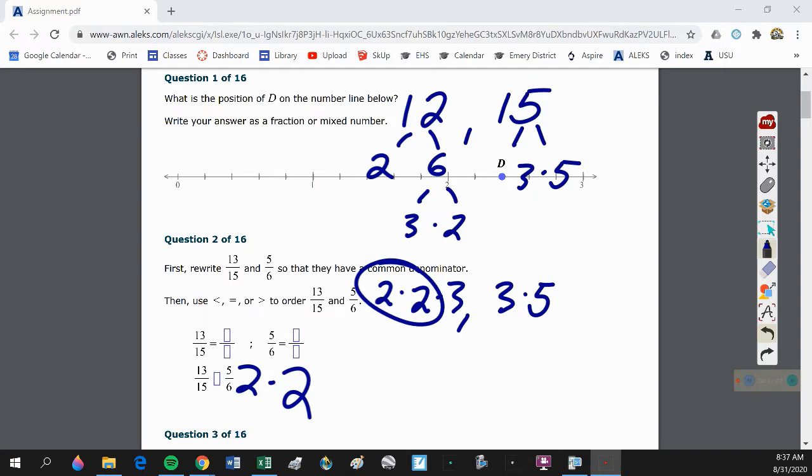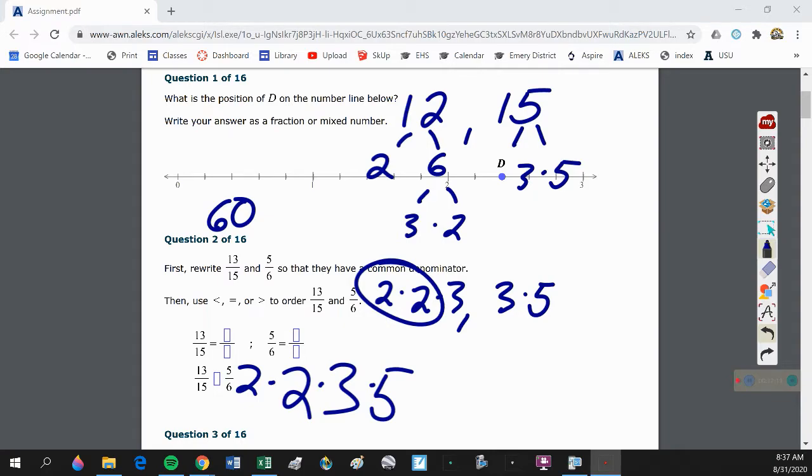Do you see why it's 1? It has to have a 3. If it has a 3, then it covers the left side and it covers the right side. Okay? And it has to have a 5. So 2 times 2 is 4, times 3 is 12, times 5 is 60.